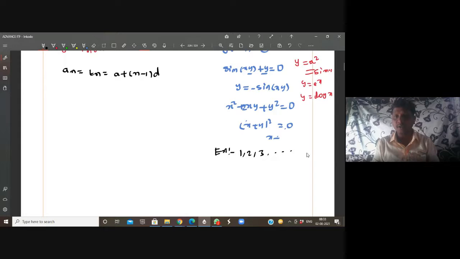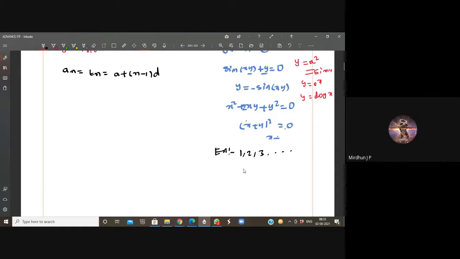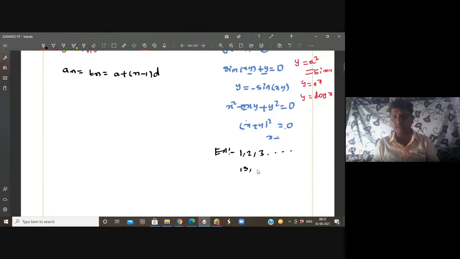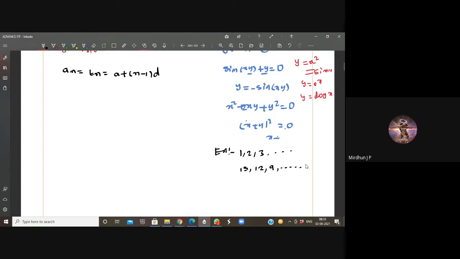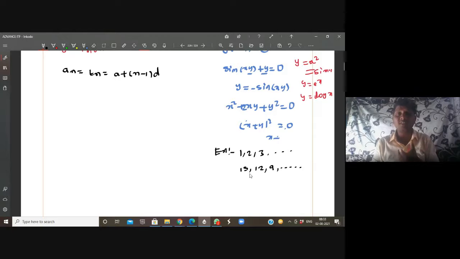Is it an AP? Yes. And 1, 3, 5, 7, 9, 11, 13, 15, odd integers. Is it an AP or not? Yes, the difference is 2. That fixed number is called the common difference, as you know.